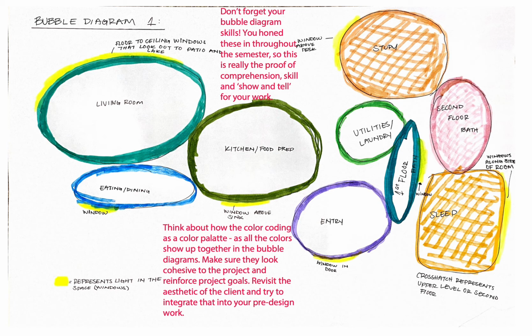In fact, the pre-design diagrams are really an opportunity to showcase the aesthetic intent in a color palette before you actually get to the floor plan and the other design work. So definitely think about color coding as a color palette. It doesn't have to be the color palette that you use in the space. It's more or less an intentional color scheme.